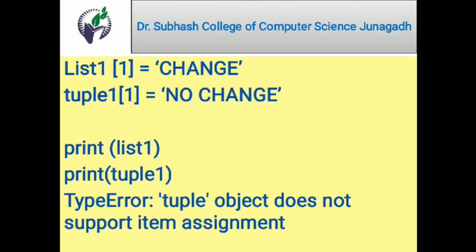We saw the slice operator, which works similarly on each data type we discussed today, whether string, tuple, or list, and we can use it to access individual elements as well as a range of elements.